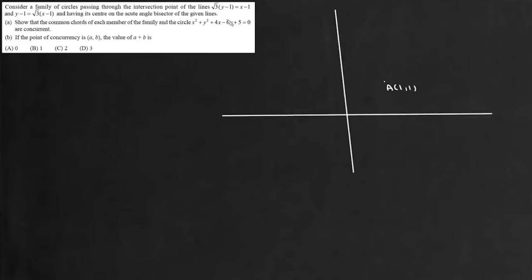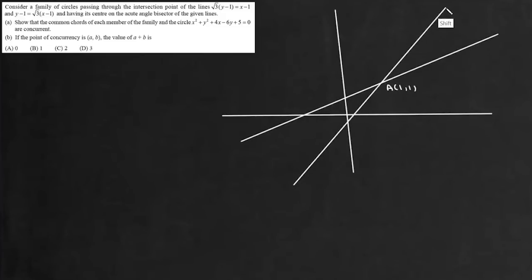1 comma 1. Now for the first line, slope is 1 by root 3. And for the second line, slope is root 3. So one of them is going to make an angle of 30 degrees and the other one is going to make an angle of 60 degrees. Now the center of the circle lies on the acute angle bisector of these two lines.